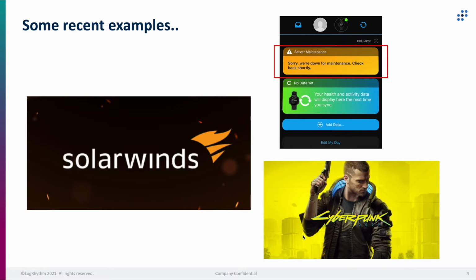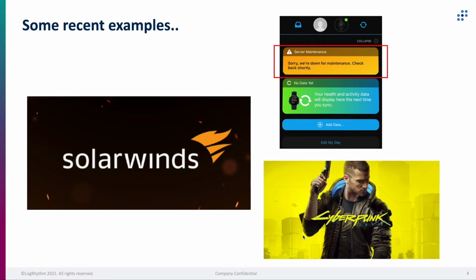Garmin do many things, and one of their lines of business is fitness tracking devices. And this is actually a screenshot from my own Garmin app, and it was down for around 6 days, which says to me that there was quite a lot of infrastructure affected by the ransomware.